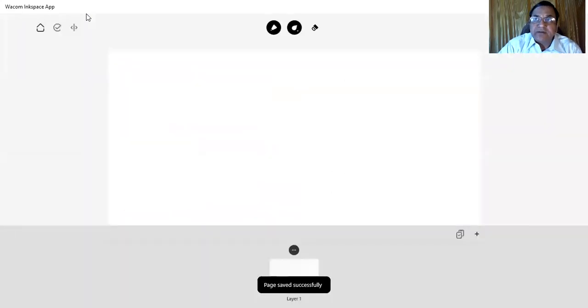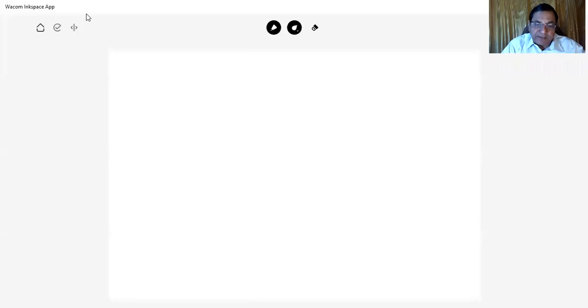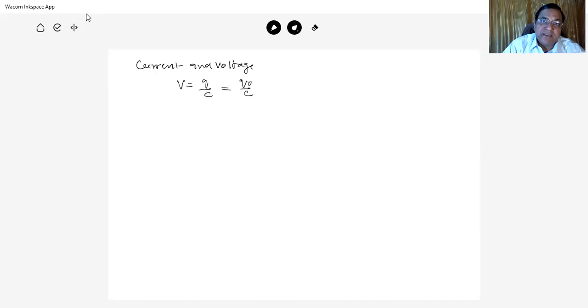From equation 6, we have the current and voltage. So voltage, that is q by C, that is Q0 by C e raised to the power minus t over RC, and I(t) is equal to dq by dt, that is Q0 e raised to the power minus t upon RC into minus 1 upon RC.